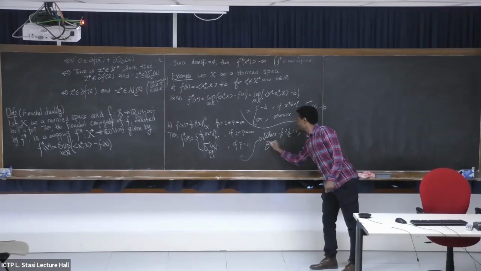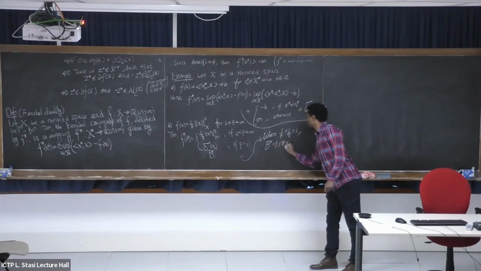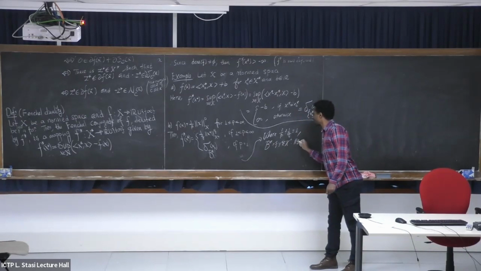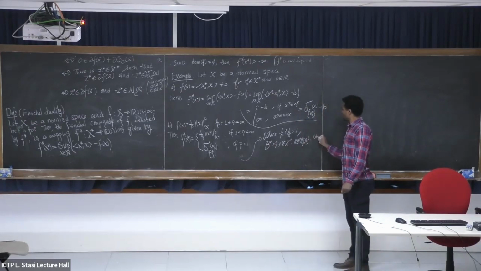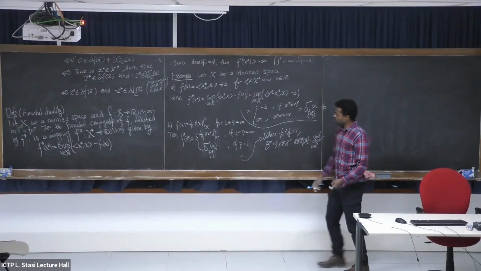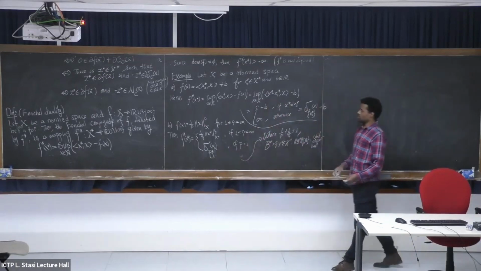They start with the unit closed ball in the Y star space. Unit closed ball in the dual space. And this is an indicator function.